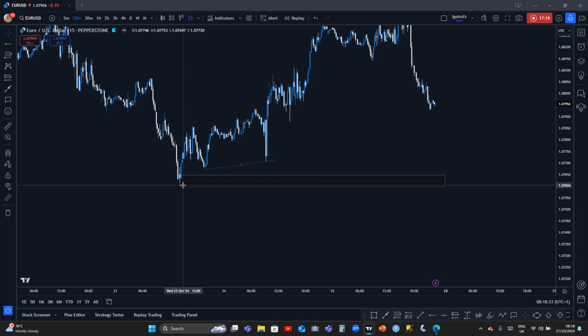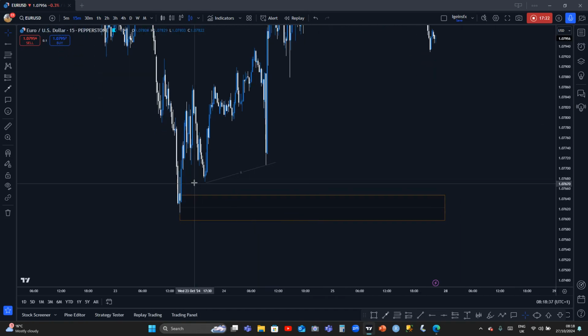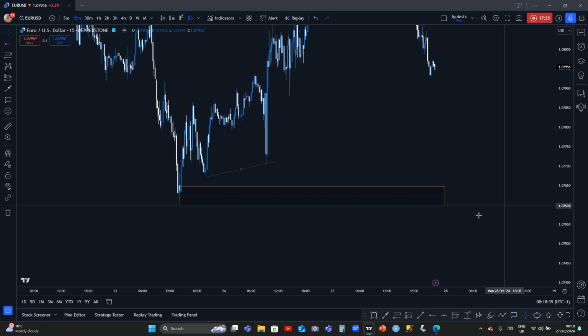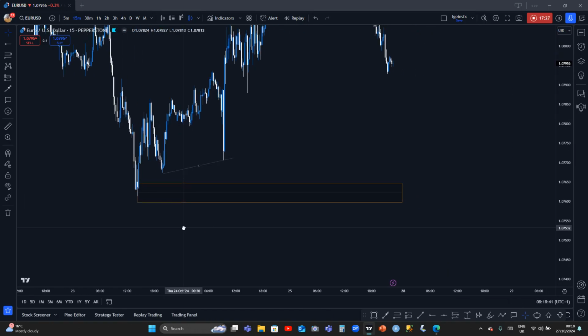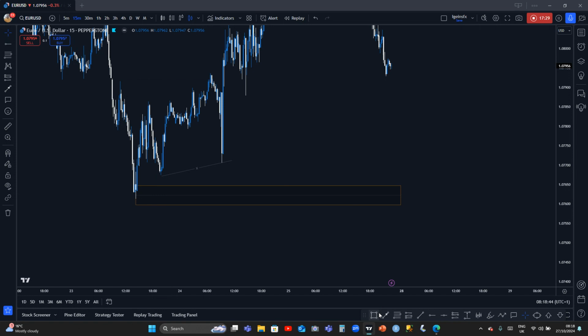Then this is an imbalance that was not filled. If you look at it very well, you discover that this is an imbalance that was not filled. So let's mark it. This is an imbalance that needs to be filled up before price will now come and tap into this origin.